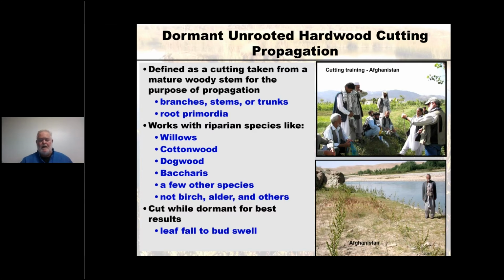When you're cutting hardwood cuttings, you want to make sure that you cut them while they're dormant. And remember that dormancy is from leaf fall to bud swell. So in the spring, as the buds begin to swell, that's when it starts losing its best rooting potential.